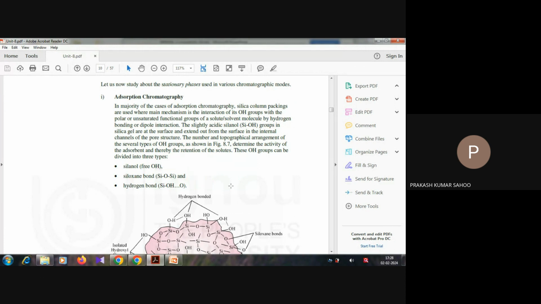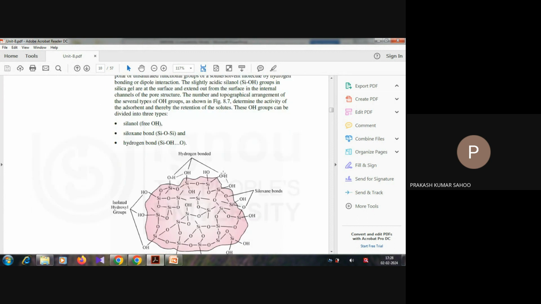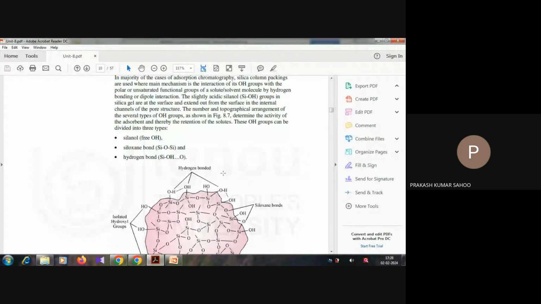Generally the packing material is a silica column, which contains silanol, siloxane bond, SiO linkage, and hydrogen bond, that is SiOHO.